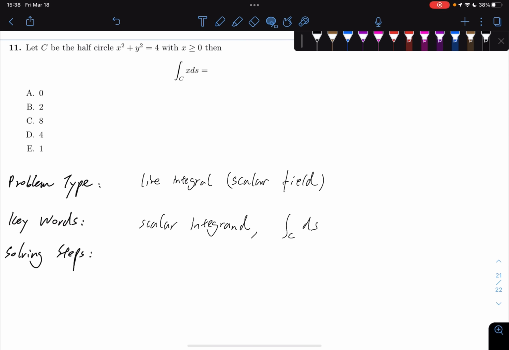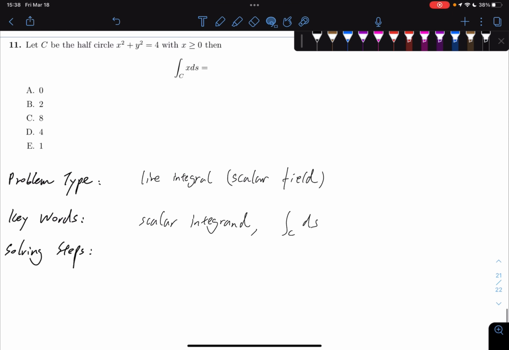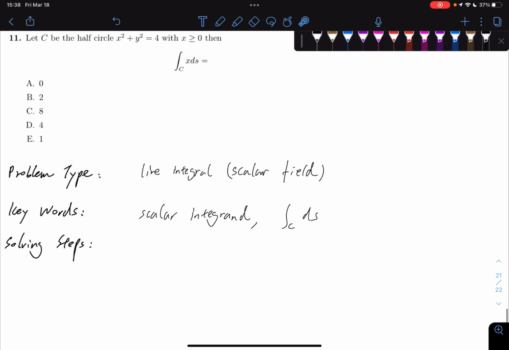But this time, compared to question number 10 in this exam copy, we now need to find the expression of r of t, because the expression of r of t and the range of t are nowhere to be found in this question. But it's no problem. We can parameterize ourselves.